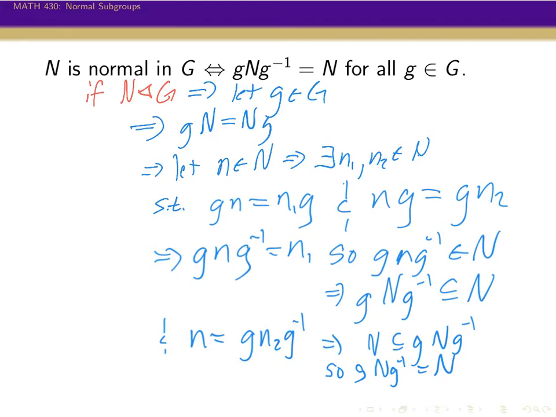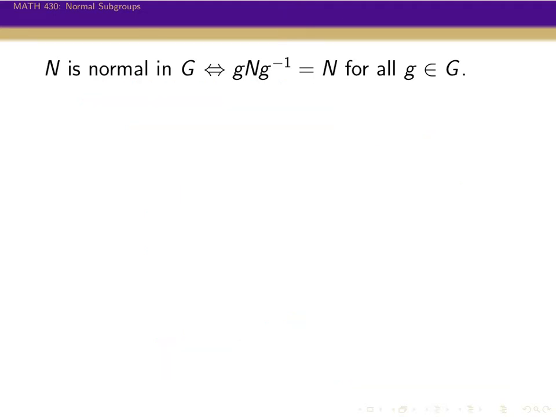Now going the other way, if gNg inverse is equal to N, going backwards it's going to look pretty much the same argument.